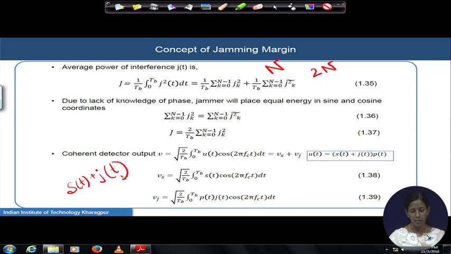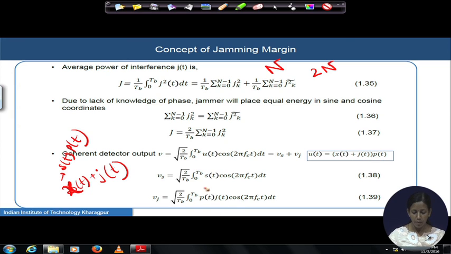Inside the receiver, the received signal is x(t) plus j(t), where x(t) is given by s(t) into p(t), so you have received the spread signal x(t). So x(t) plus this j(t) in the receiver is now getting multiplied with p(t). So p squared(t) will be for the signal component, but the j part will be multiplied with p(t).